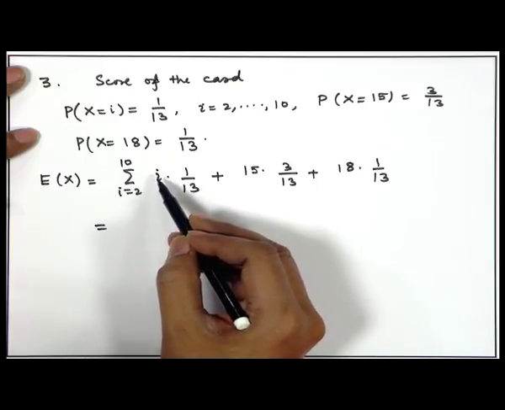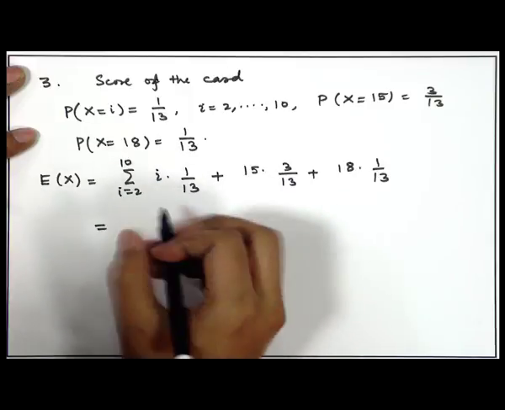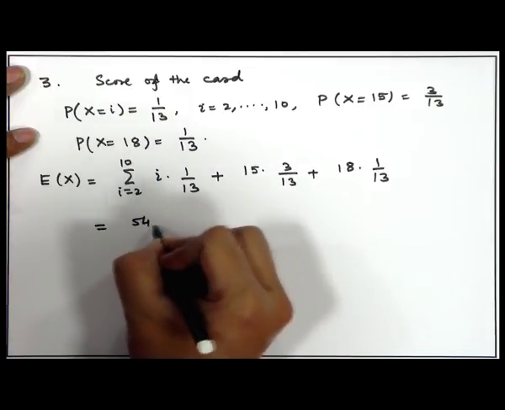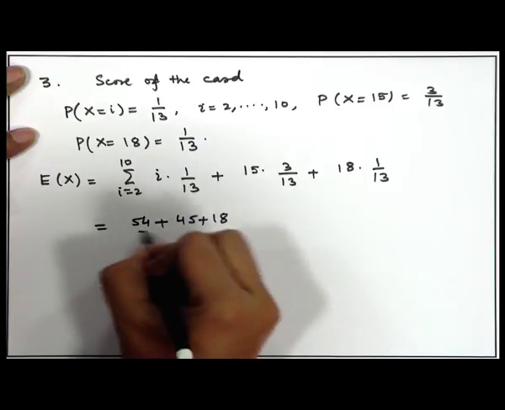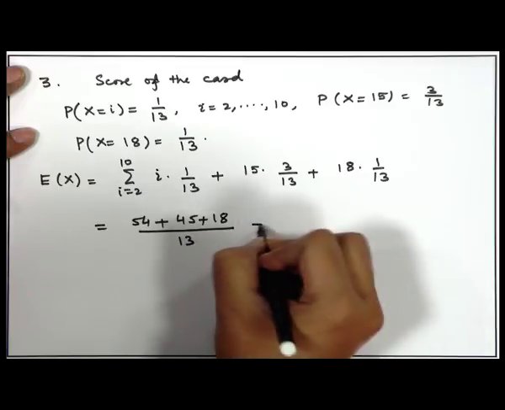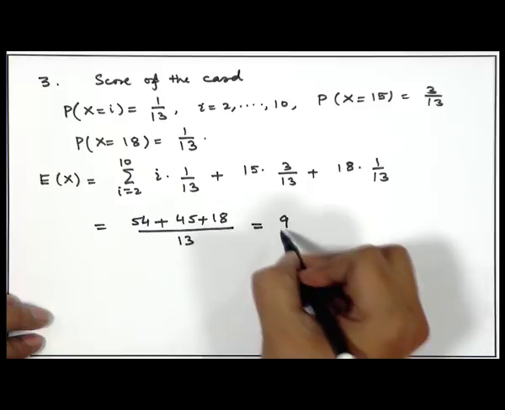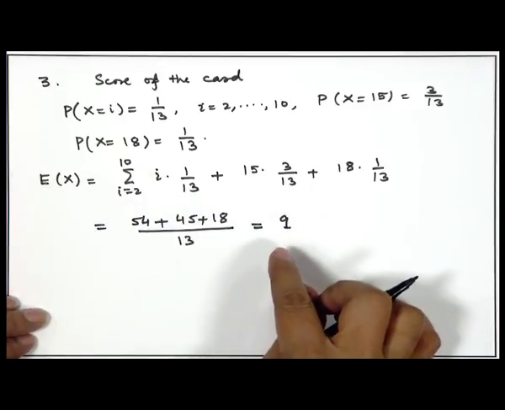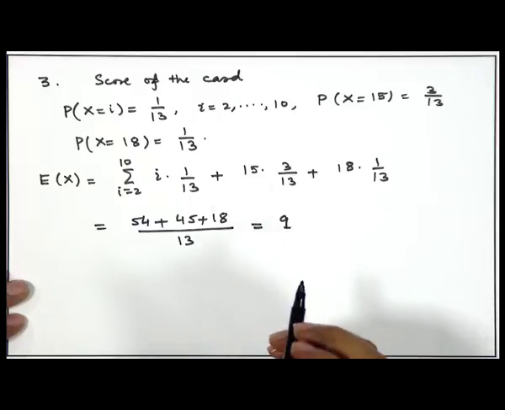So, that is 10 into 11 by 2, that is 55, and the first term is not there. So, it will become 54. So, 54 plus 45 plus 18 by 13. So, that is equal to 9. Expectation x is equal to 9, that is the expected score of the card is 9.